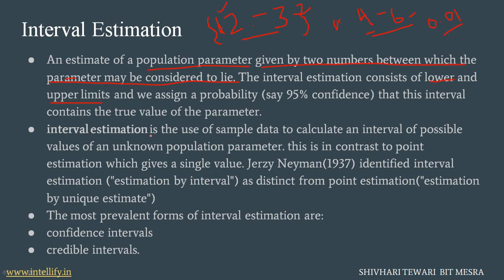So interval estimation is the use of sample data to calculate an interval of possible values of an unknown parameter. This is in contrast to point estimation, which gives a single value. So basically, how do we use interval estimation? Look, here is the sample data. If sample data is given, now there is an interval in the sample data.